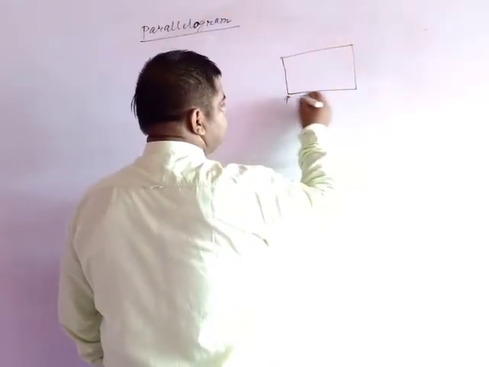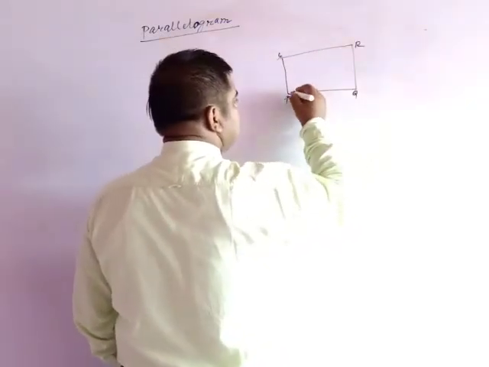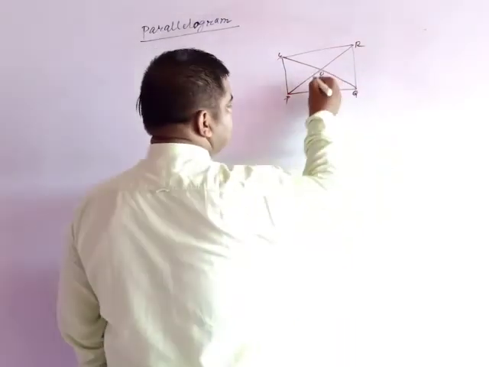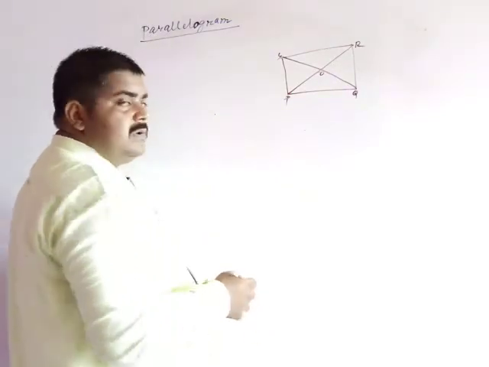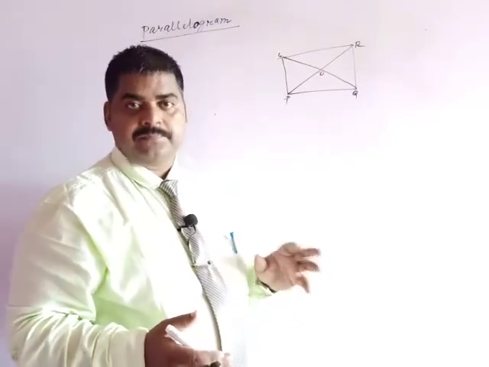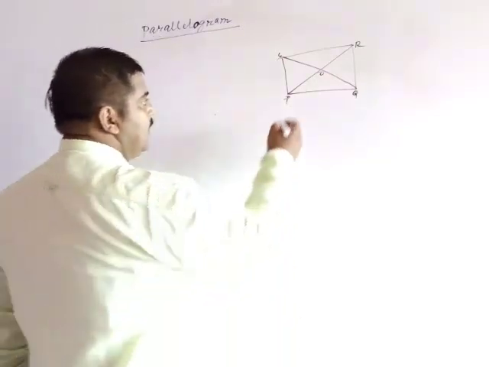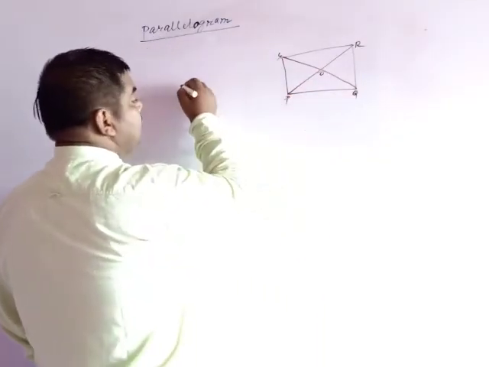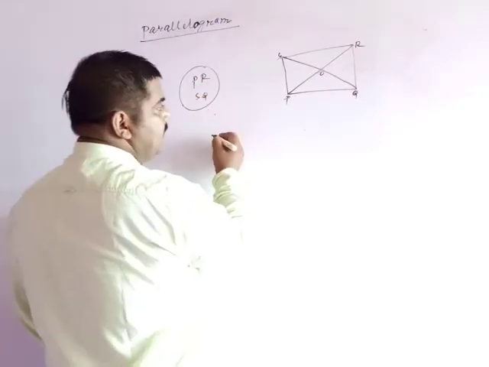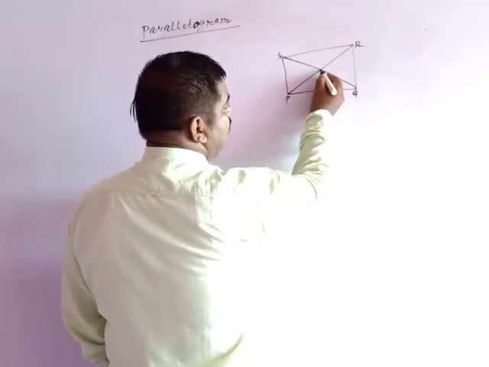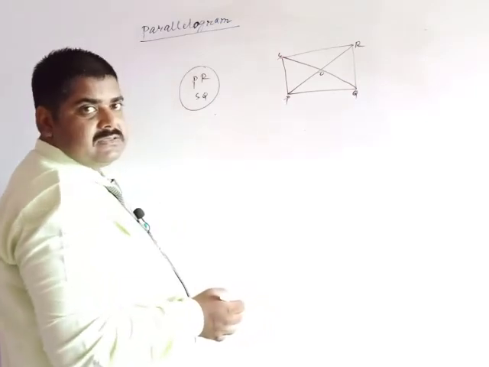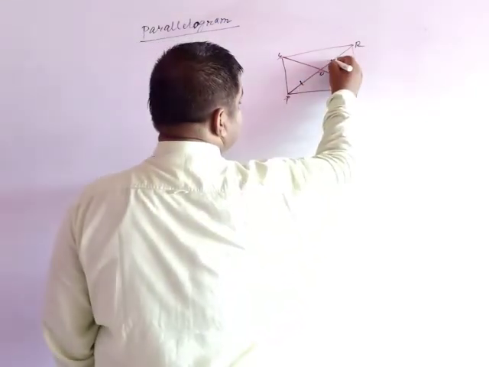Suppose it is PQRS. The fifth property that you have to memorize is that the diagonals not only bisect the opposite angles but also bisect each other. The two diagonals are PR and SQ, and both diagonals intersect at O. They not only intersect, they bisect, meaning they divide into two equal parts.